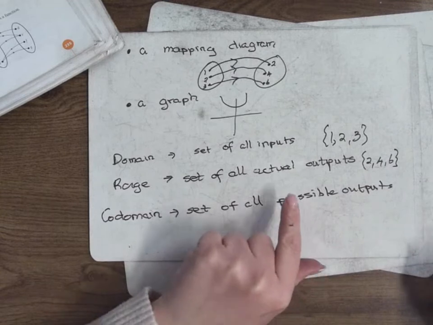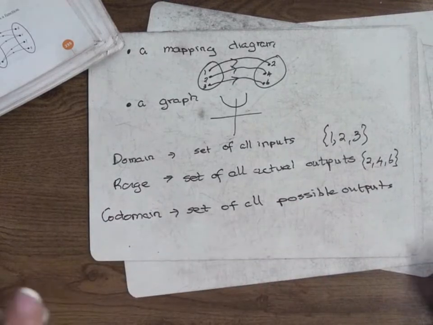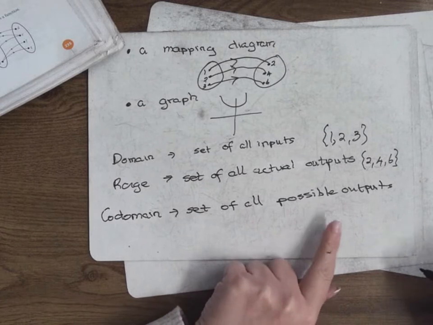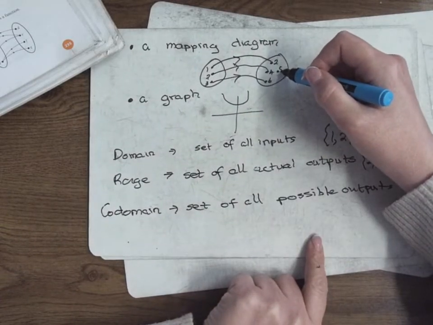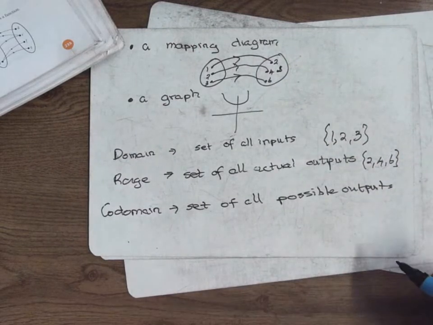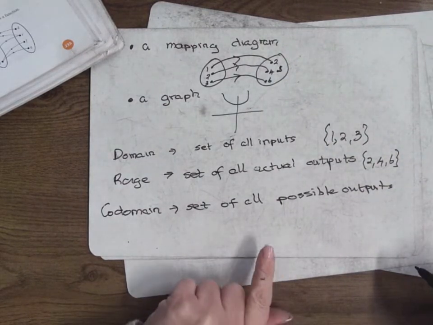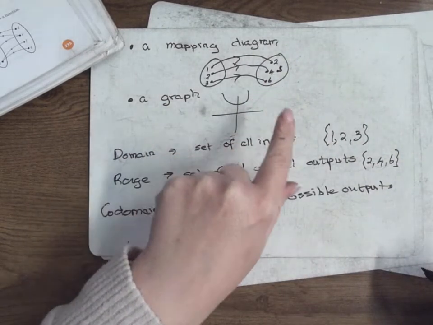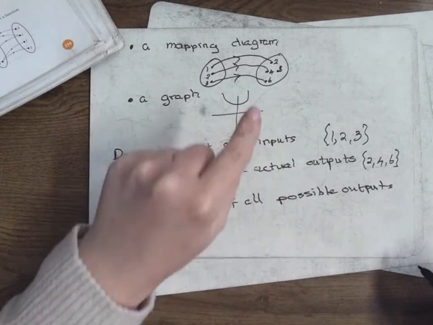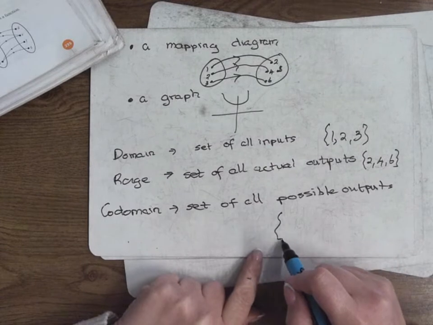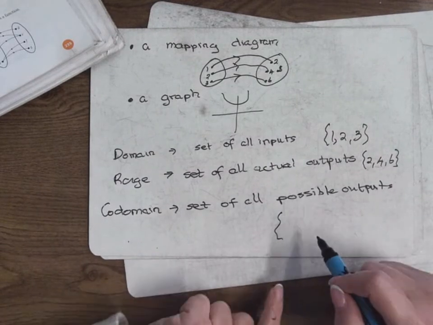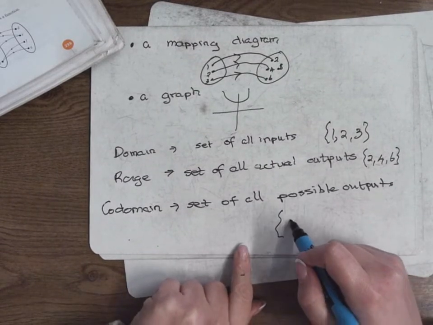I'll explain more about the actual outputs and the possible outputs in a minute, so don't stress about that just yet. There might be numbers that could be a possible outcome, but they just didn't happen to get picked. So they could have been picked for the team, but maybe they just didn't get picked.